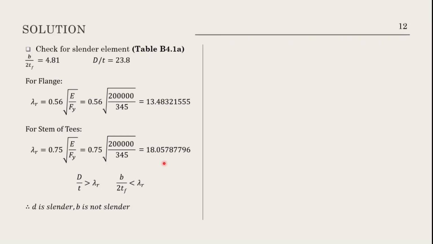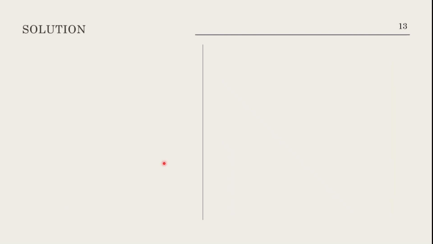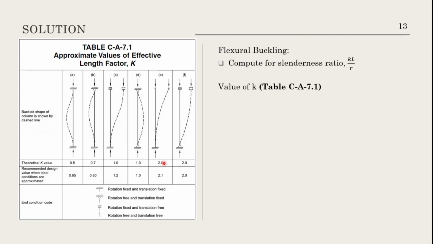Okay? So next we get the slenderness ratio. Again, we need to look at the effective length factor table. In determining the slenderness ratio, KL over R, we have to be careful.